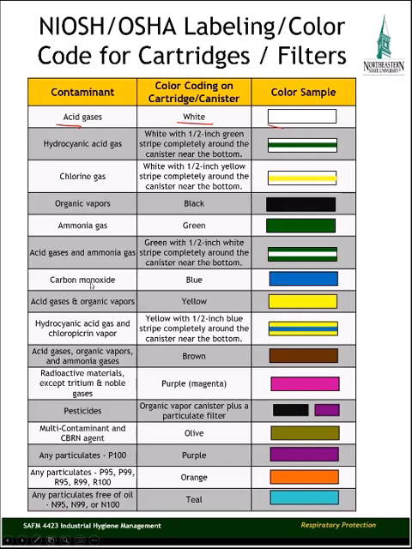Carbon monoxide. There is a cartridge for carbon monoxide, and it's blue. Acid gases and organic vapors, combination cartridge. Yellow is the color code for that type of cartridge. Hydrocyanic acid and chloropicrin vapor. Again, I honestly don't know anything about chloropicrin.